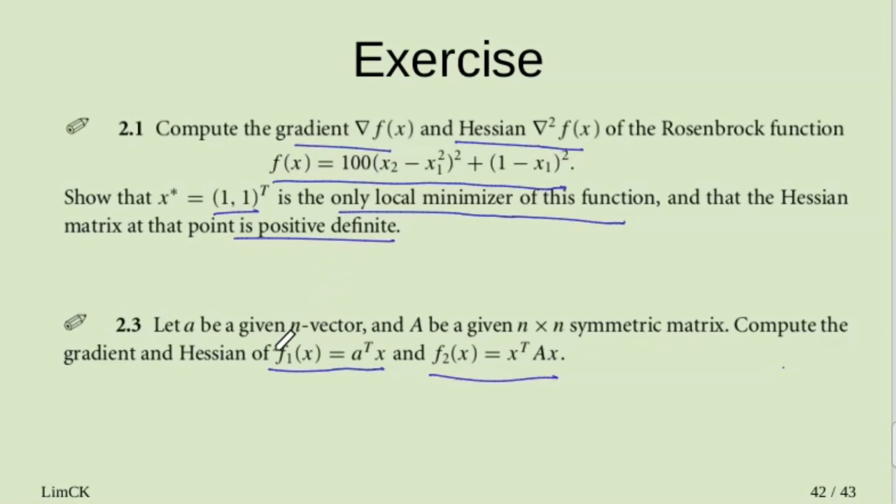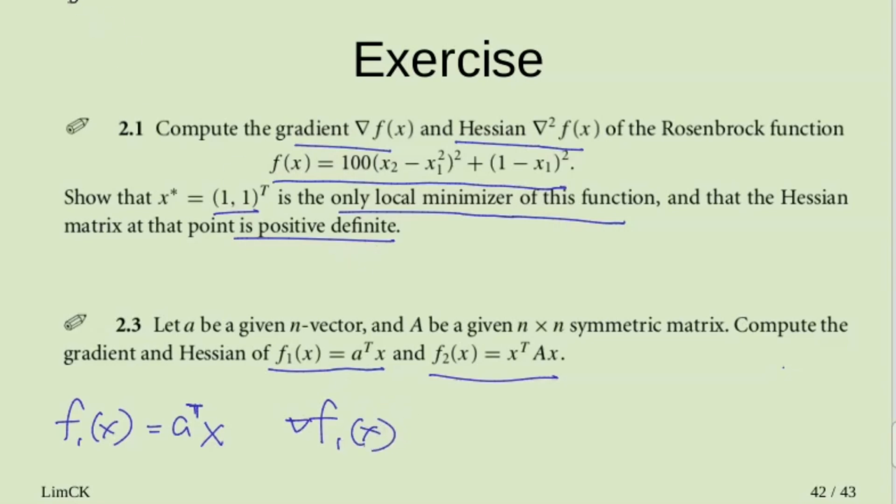There's a lot of calculation here, but in fact, when we have f1 as a transpose x, the variable x is a vector also. When you do the derivative, you'll find that actually it's just like a single number.